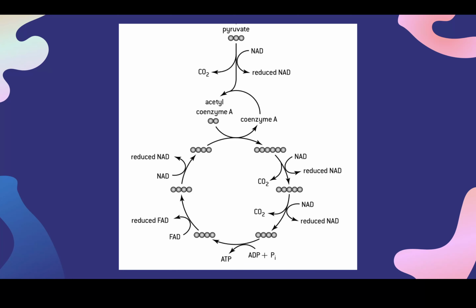So it says oxaloacetate and citrate. So I will write those down again. Oxaloacetate, citrate, and then there's the acetyl group. So basically, oxaloacetate plus the acetyl group forms the citrate.